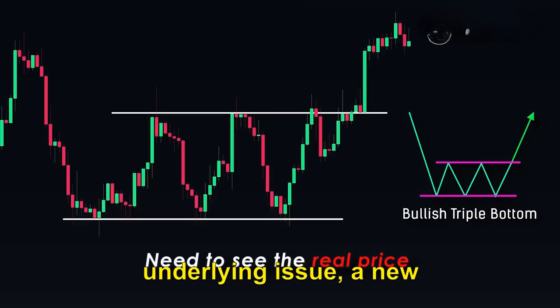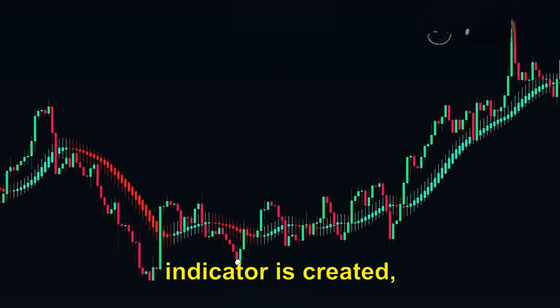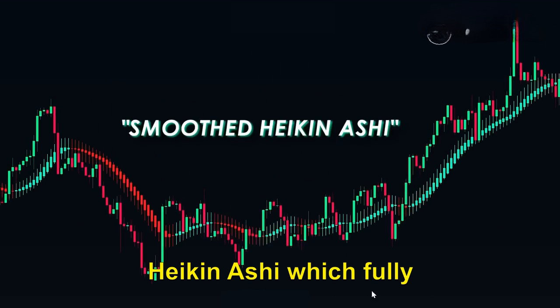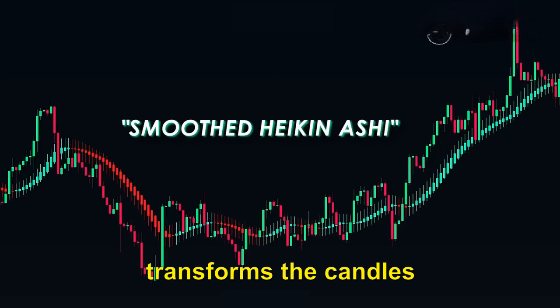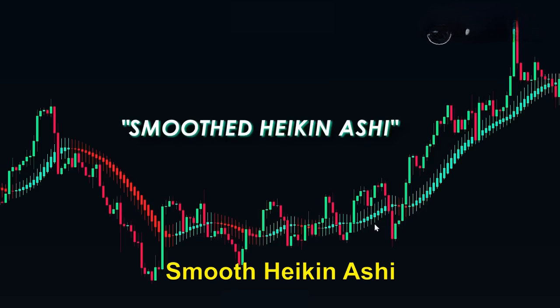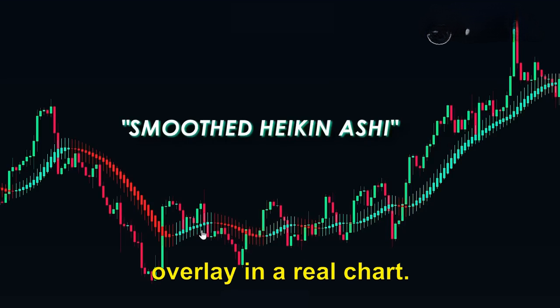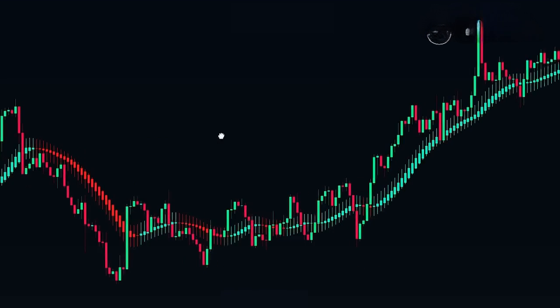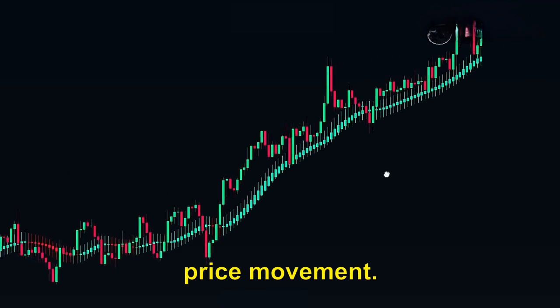So, to solve this underlying issue, a new indicator was created, and it's called Smooth Heikin Ashi. Unlike the classic Heikin Ashi, which fully transforms the candles on a price chart, the Smooth Heikin Ashi instead works as an overlay on a real chart, meaning traders are able to use the indicator's capabilities while still maintaining a clear view of the actual price movement.